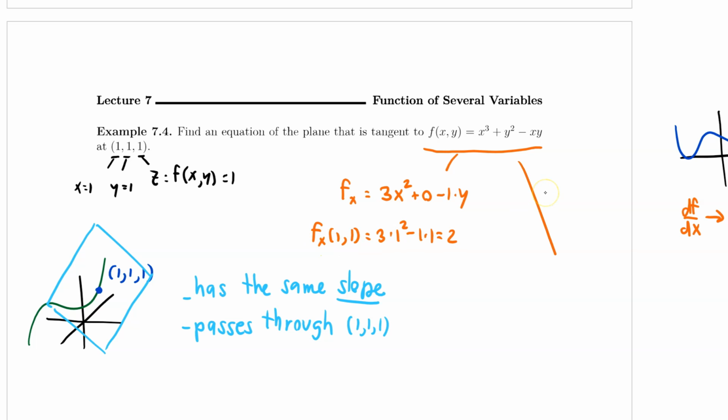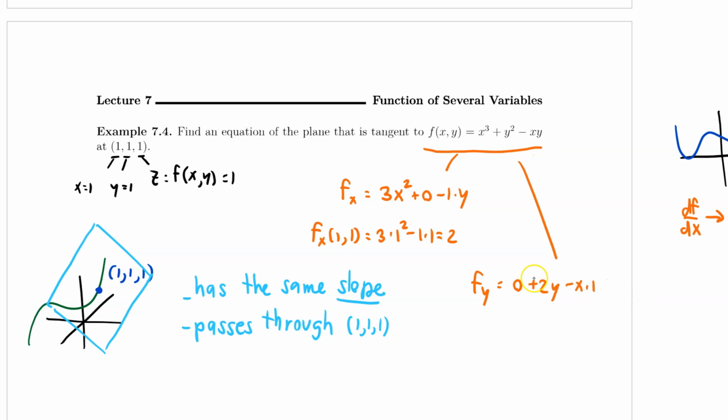Let's do it again for f sub y, which is the derivative with respect to y. If I find the derivative of this guy with respect to y, the first term x cubed would just become 0, y squared, its derivative would be 2y, and for the last one, the derivative of negative xy would be just negative x times the derivative of y, which is 1.